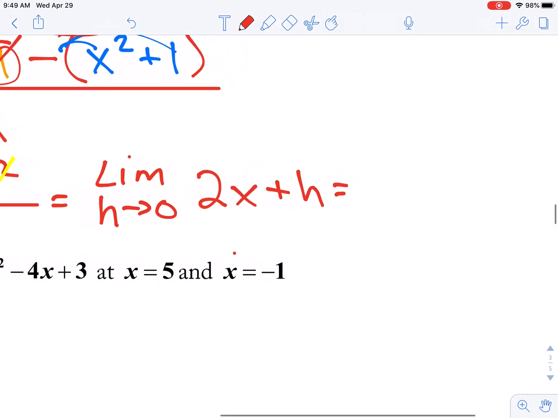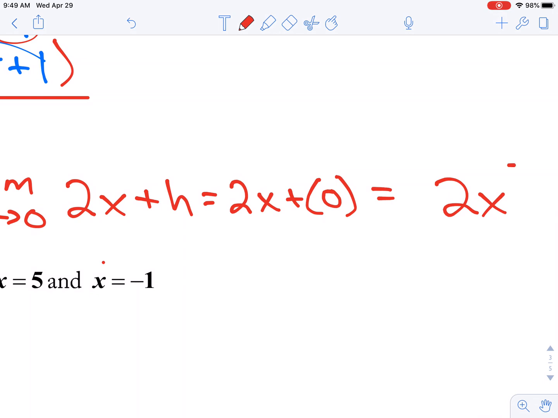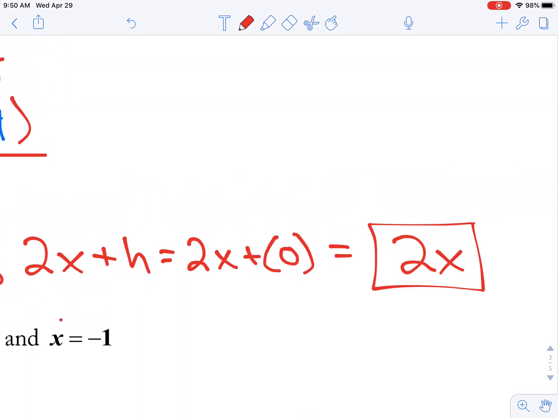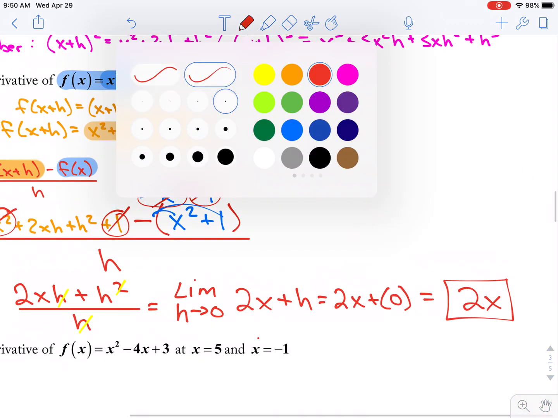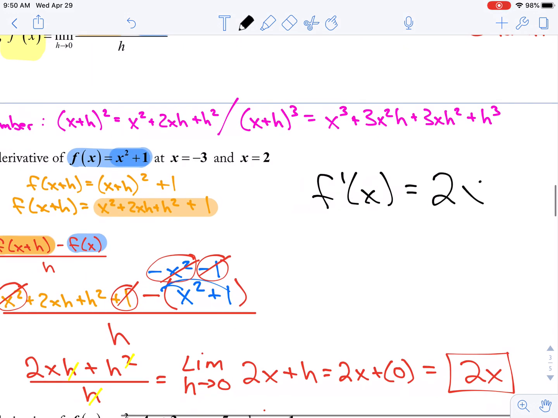So I'm just going to plug in 0 for h. For h, notice, not for x. And so my answer ends up being 2x. So what we just figured out is that the derivative, f prime of x, equals 2x. So that's the general derivative.